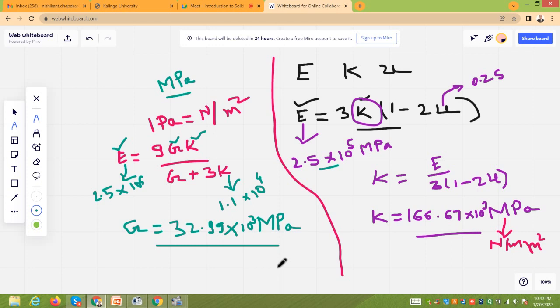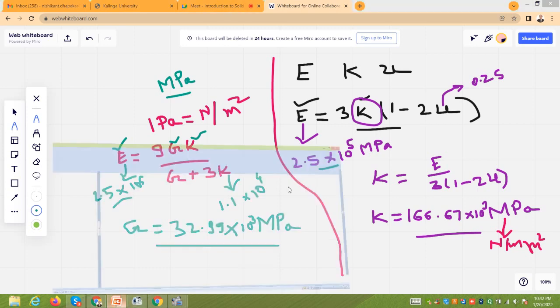This much time is not required. You simply multiply this in the denominator: 2.5 into 10 to the power 5 G plus 3 into 1.1 into 10 to the power 4 into 2.5 into 10 to the power 5 equals 9GK. So anyway, you just write it as 32.99 into 10 to the power 3 megapascal. Plus or minus indicates the change; you have to consider the magnitude only.